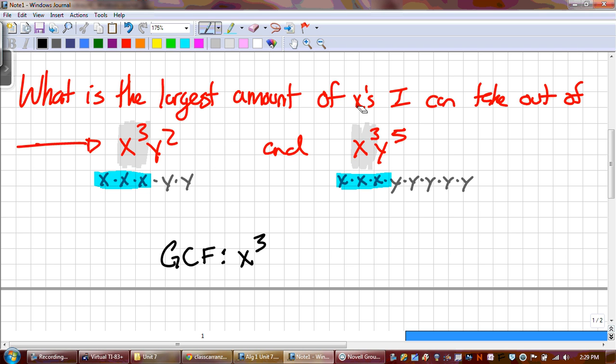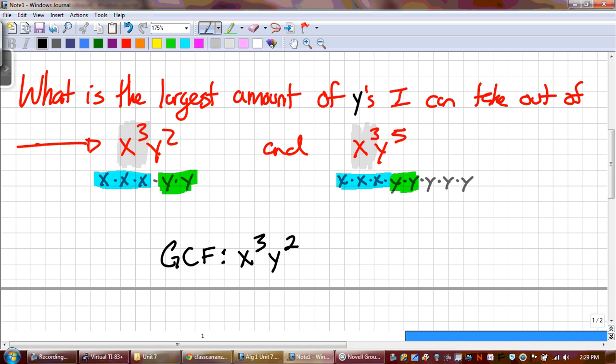Now, what happens if I were to change that and say y's? What's the most amount of y's that we can take out? Well, let's see, this one only has 2 and this one is 5, but it's got to be the same. So the most I can take out is y squared.